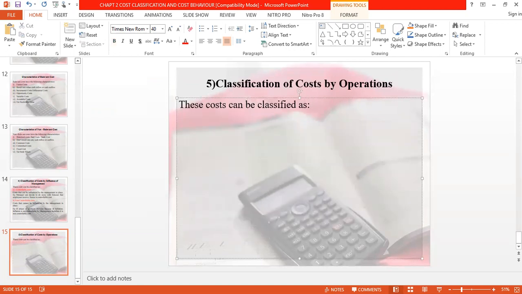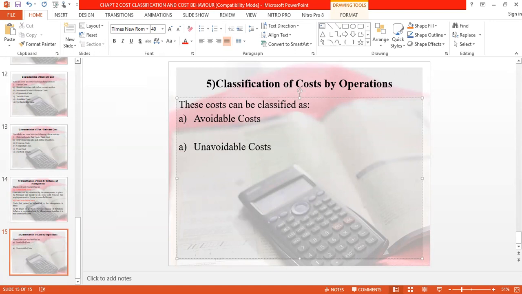These costs are classified into A, avoidable costs, and B, unavoidable costs. So when we classify costs in this category, they can either be avoidable costs or unavoidable costs.